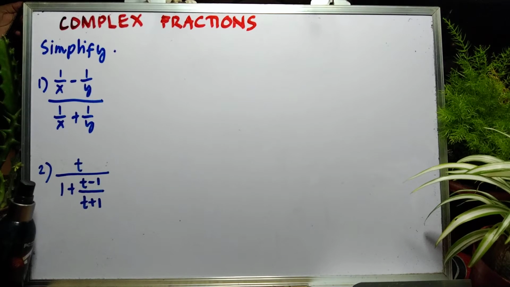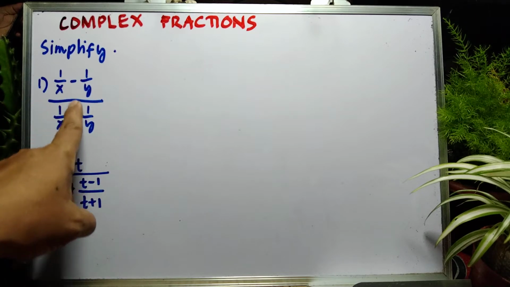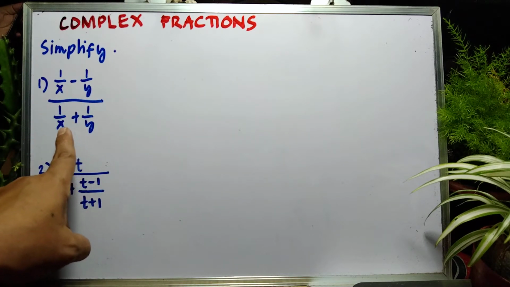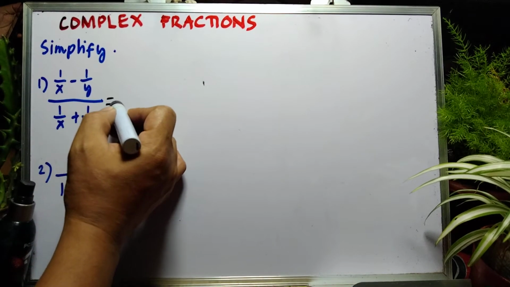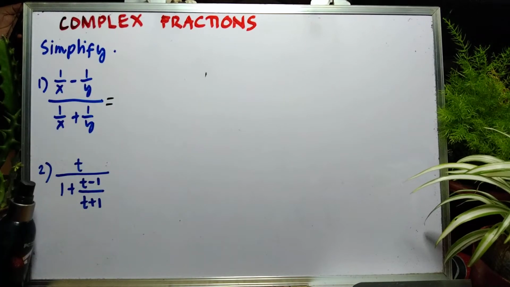Okay, now as you observe, we have an operation minus in the numerator and then an operation sum in the denominator. So we need to subtract and then we need to add. Okay, now as we observe in the numerator, we have 1 over x minus 1 over y.